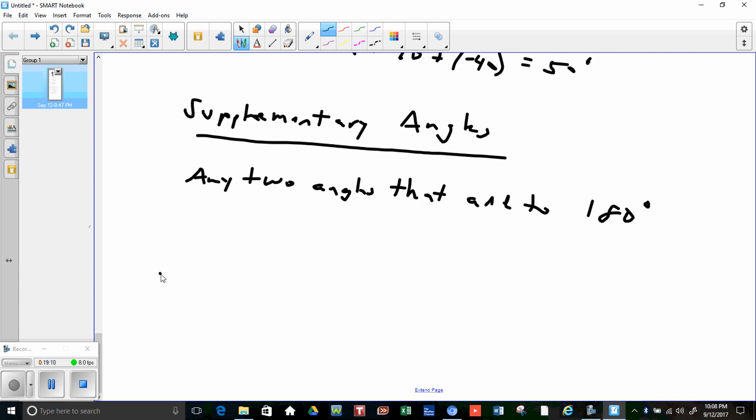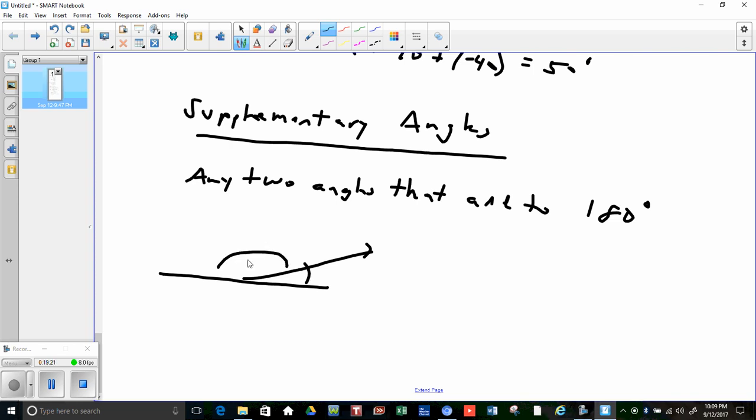So 180 degrees is straight across. If I've got two angles, one angle here, the other angle here, we'll call this one x, call this one y. X plus y here would have to add up to 180 degrees. Basically the same concept as the complementary, but supplementaries have to add up to 180.